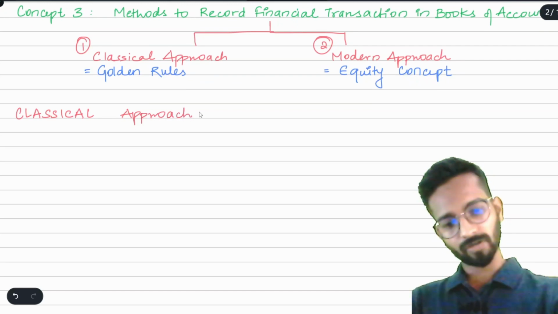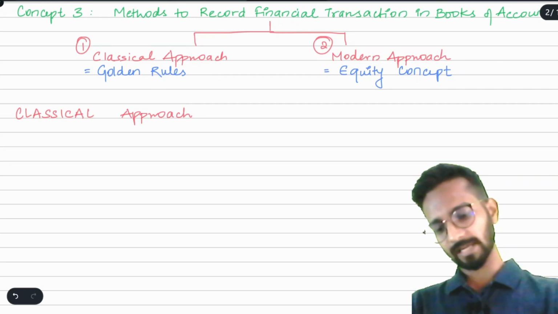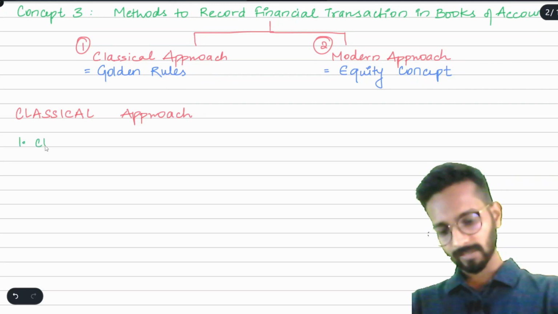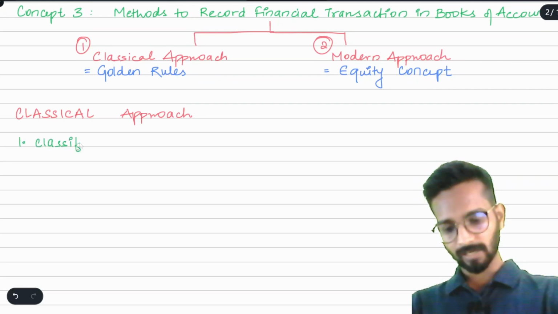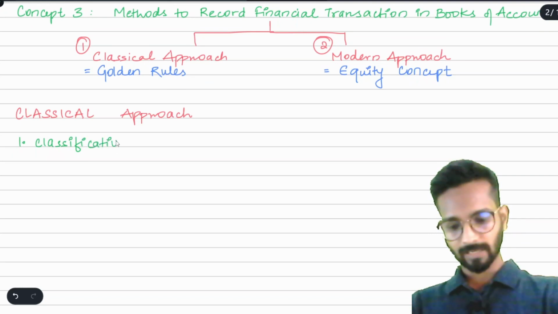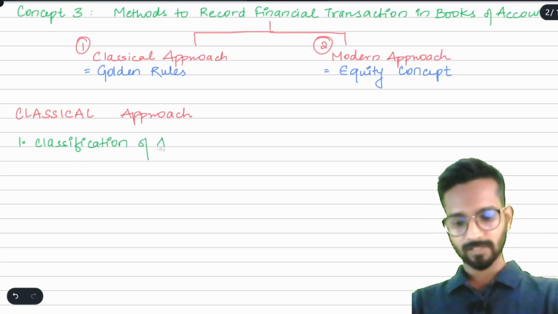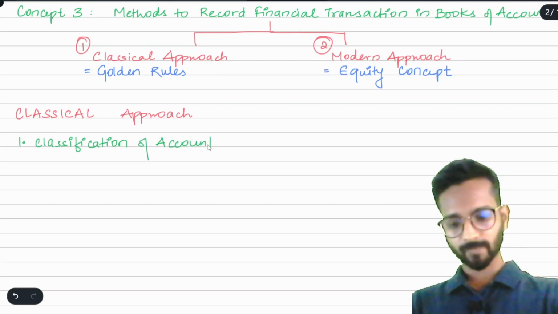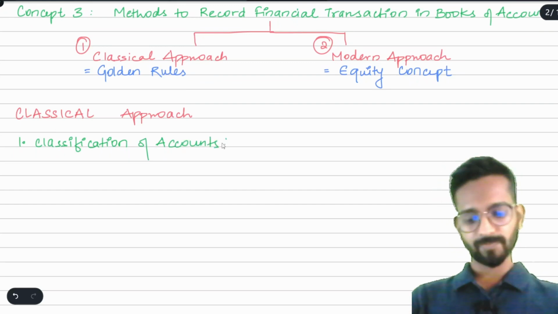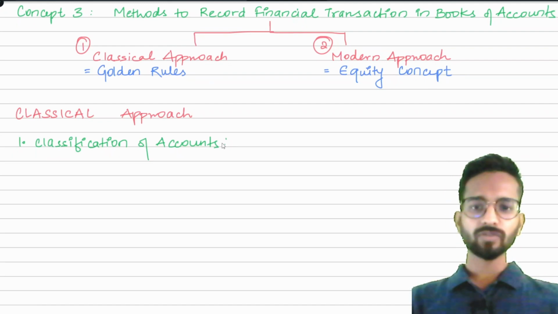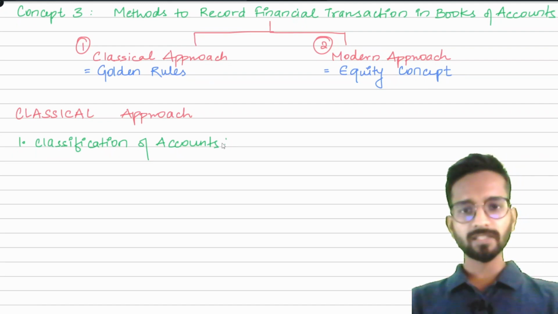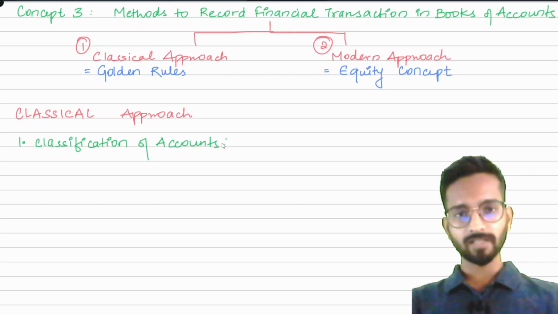For understanding the golden rules, we have to understand one more thing, that is the classification of accounts. See, very interesting. Please focus. If I have to tell you to define the entire things in the universe into two categories only, I can say there are only two things: things which we can see and things which we cannot see.